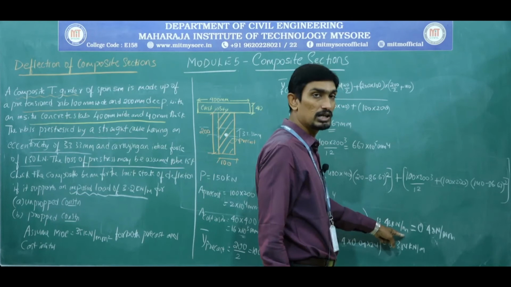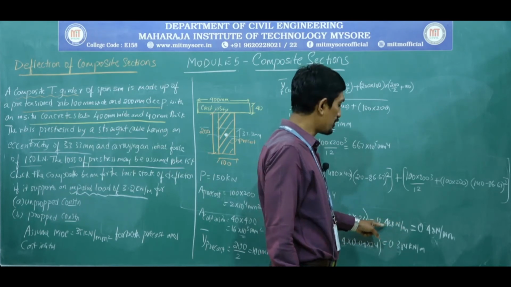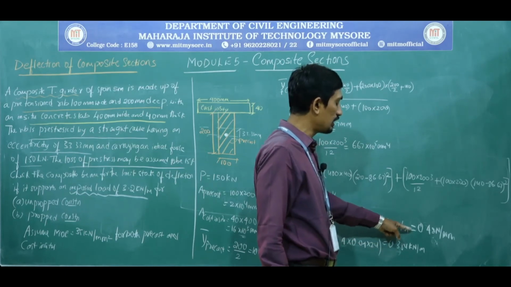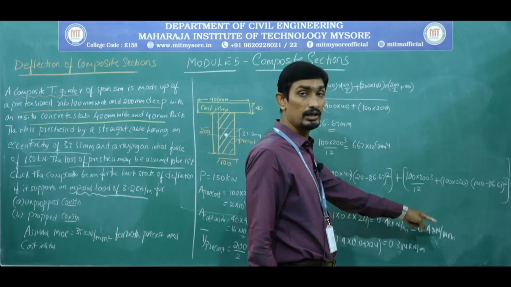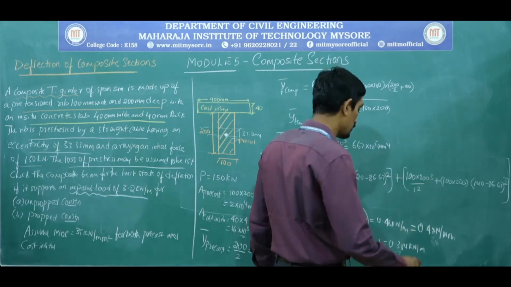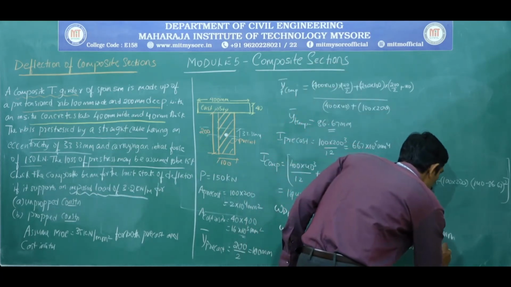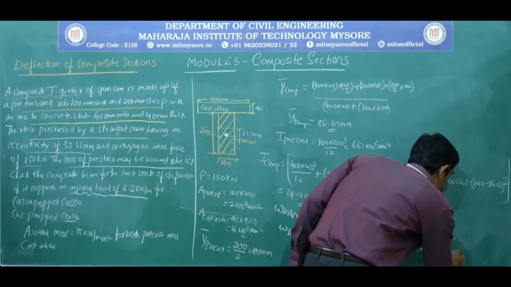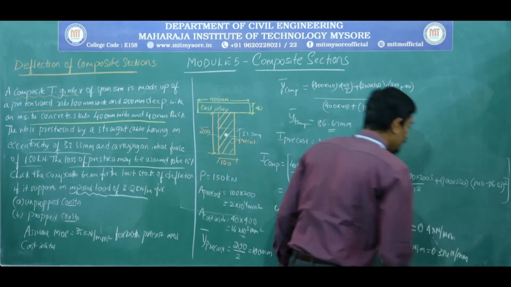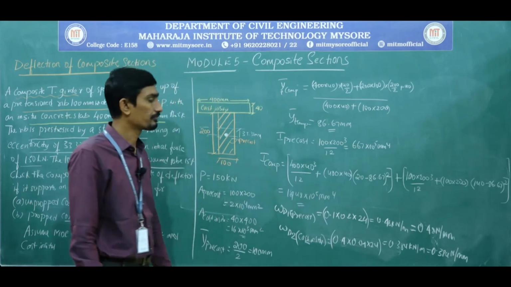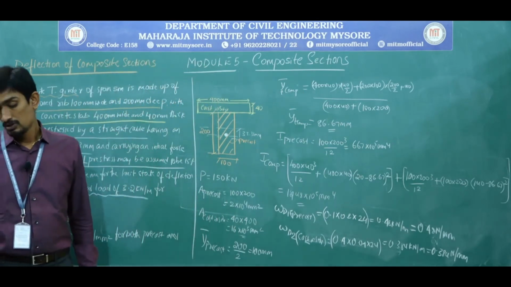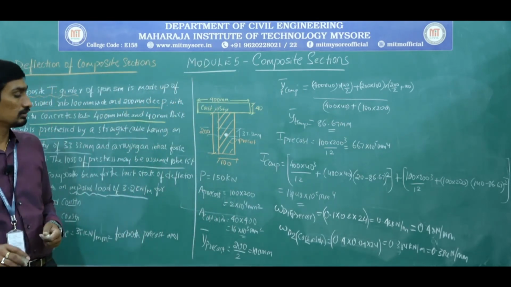The kilo will come downwards, it will become milli. So 0.48 kilonewton per meter equal to 0.48 Newton per millimeter. So this is also 0.384 Newton per millimeter. So just like this. So this is about the thing.